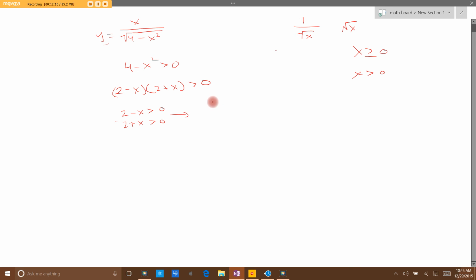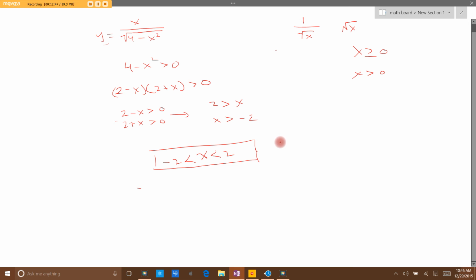Again, forgive me, my computer is really messing up right now. 2 greater than x, so x is less than 2, and x is greater than negative 2. So that's essentially our domain right here: x is less than 2 and greater than negative 2.